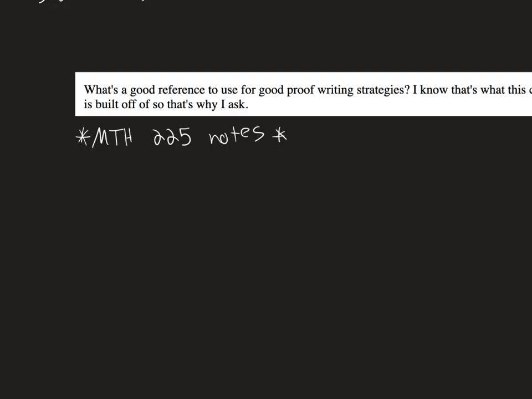So a flowchart proof is like, maybe let's take an example. What's an example that's not on the homework?